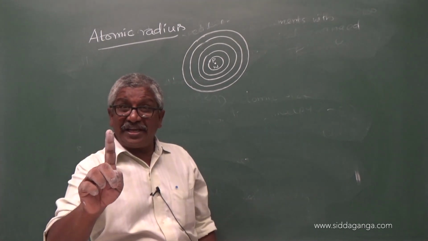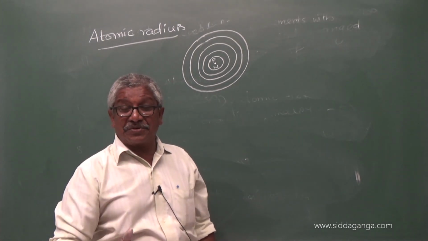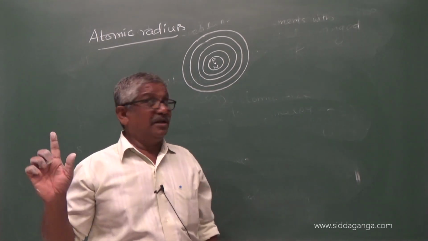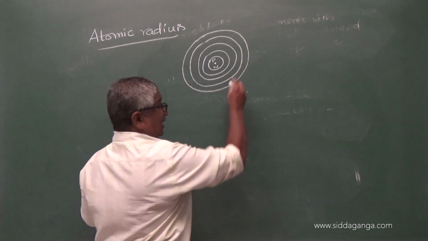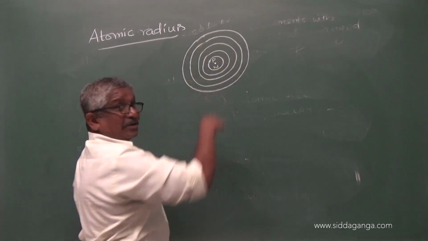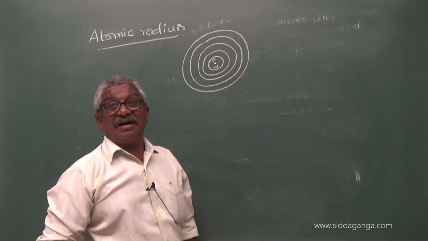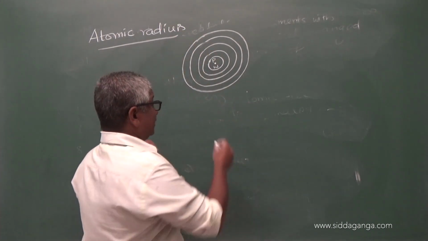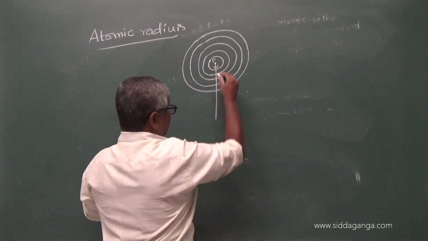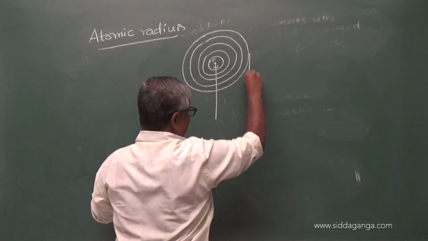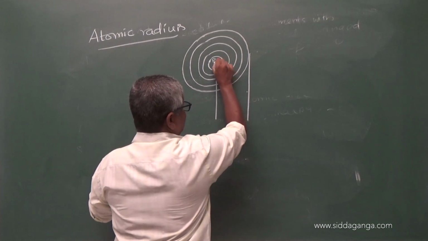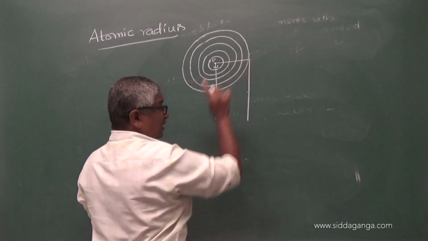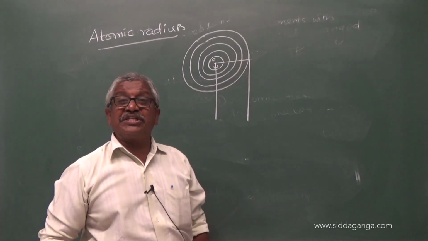The nucleus has only protons and neutrons. In hydrogen only a proton, no neutrons. Then electrons are available in circular paths or energy levels. What does atomic radius mean? It is the distance from the center of the nucleus to the outermost electron shell.